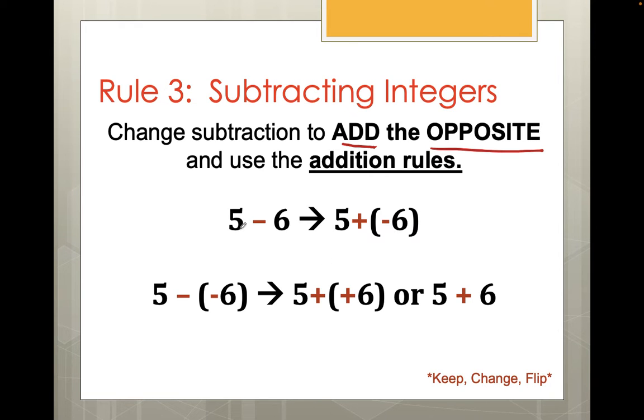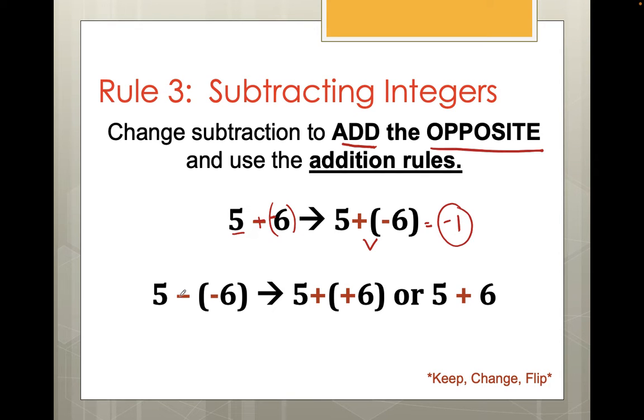So for example, 5 minus 6 is the same problem as 5 plus a negative 6. So you're going to keep the first, change a subtraction to addition, and then flip the positive 6 to a negative. This allows us to reuse the rules we learned yesterday and get our answer of negative 1, since these are different signs and we subtract when we are working with different signs.